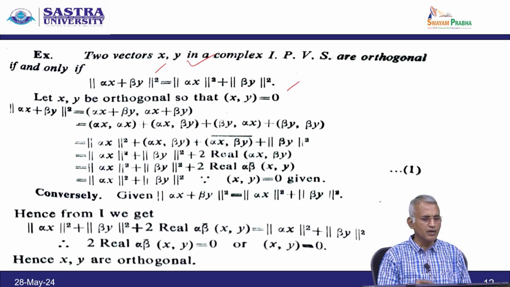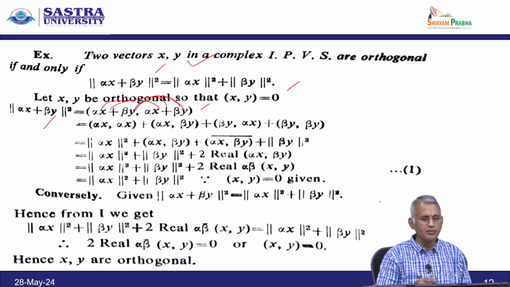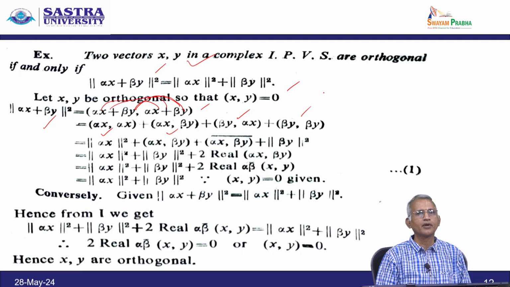Now, norm of alpha x plus beta y square is equal to inner product of alpha x plus beta y comma alpha x plus beta y. Now, we can split it into 4 terms: first alpha x with alpha x, then alpha x with beta y, then beta y with alpha x, and beta y with beta y.